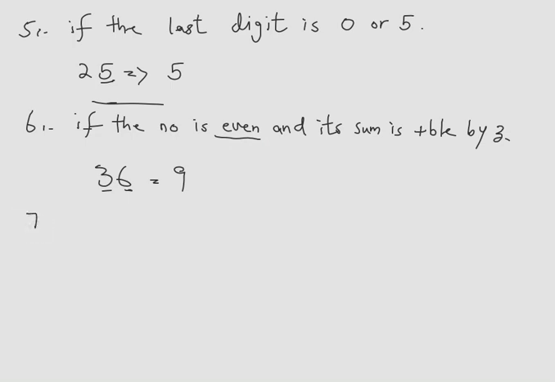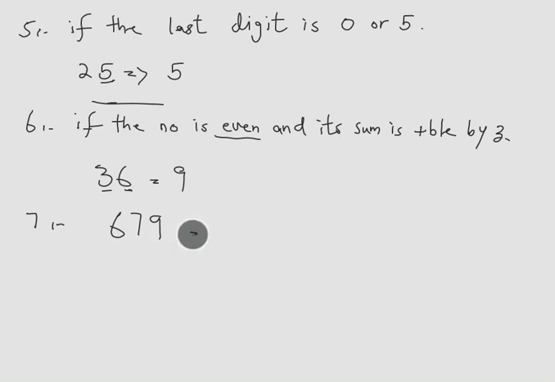The rule for 7 is to double the last digit and subtract it from the rest of the number. After that, if the answer is divisible by 7, the complete number will be divisible by 7. Let me take an example of 679. As I am telling, double the last digit.